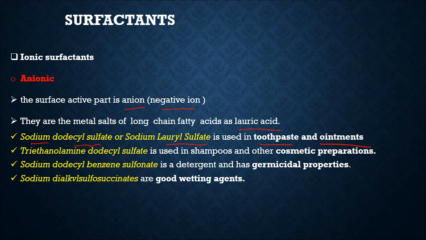Triethanolamine dodecyl sulfate is used in shampoo and other cosmetic preparations. Sodium dodecylbenzene sulfonate is used in detergents and for germicidal properties. And the last example, sodium dialkyl sulfosuccinates, are good wetting agents.